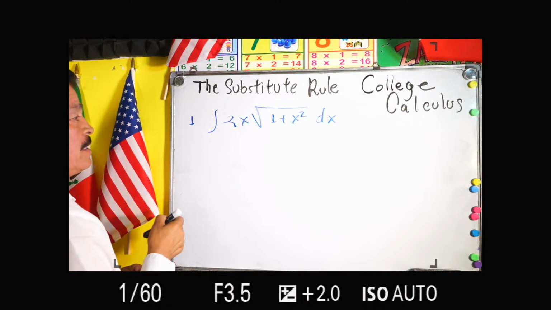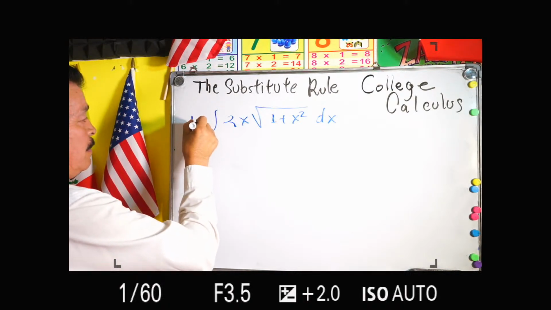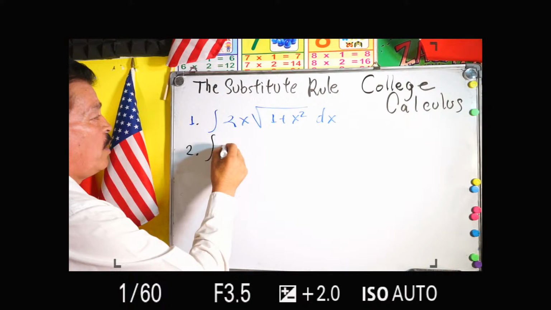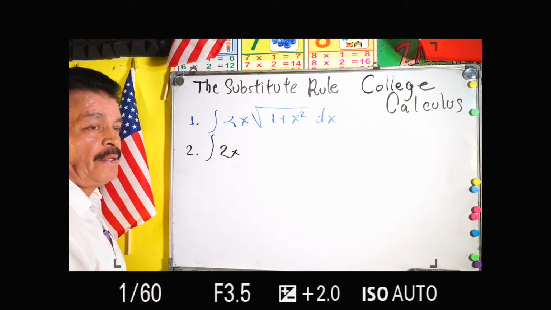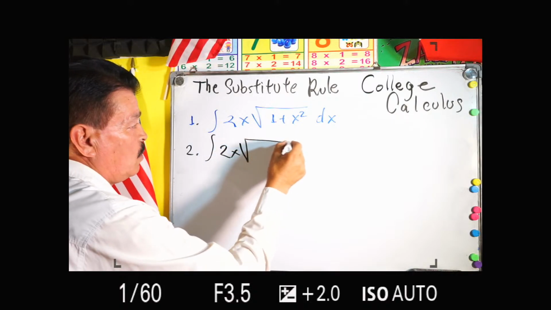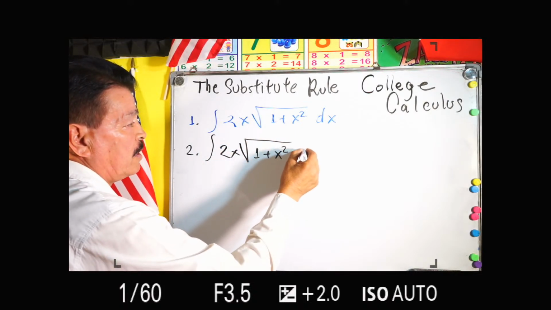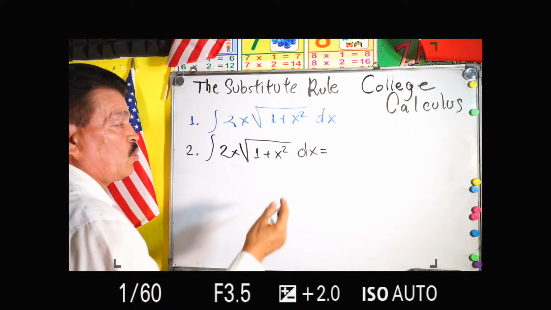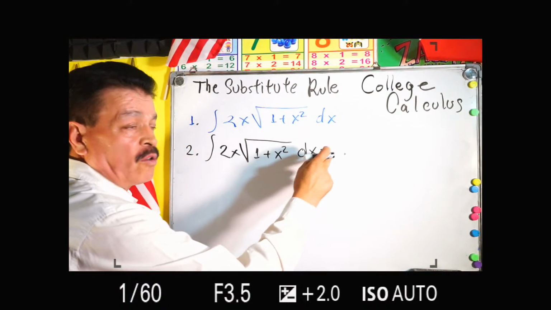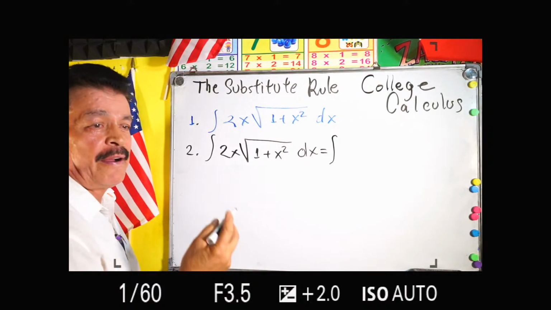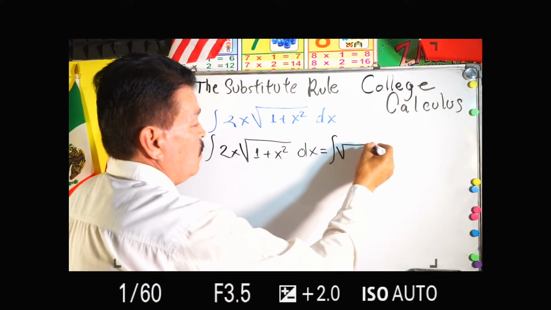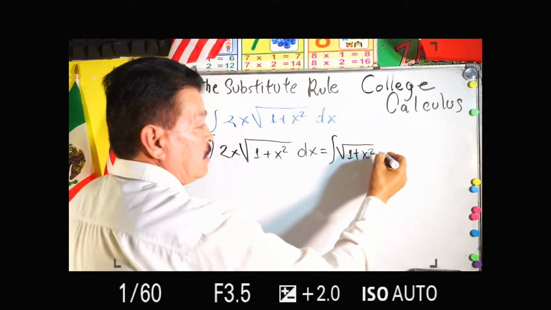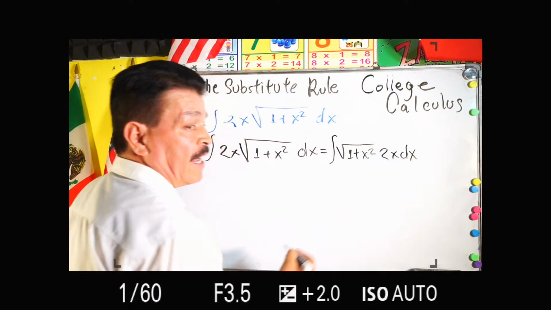The second step: we will have the integral of 2x times the square root of 1 plus x to the second power, dx, and this must be equal to the integral of the square root of 1 plus x to the second power, times 2x dx.